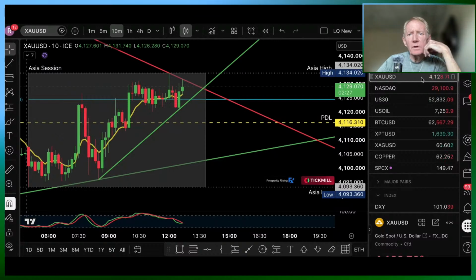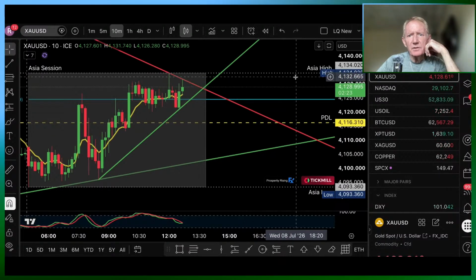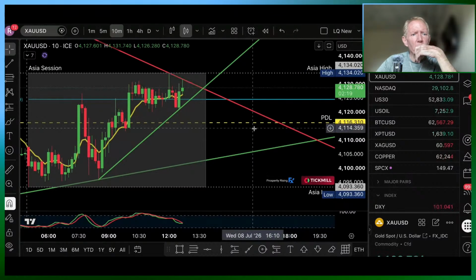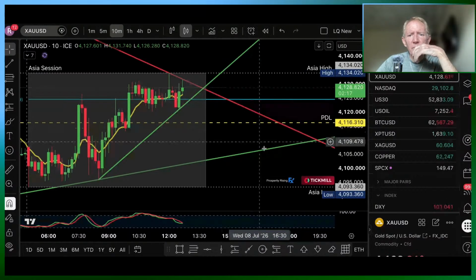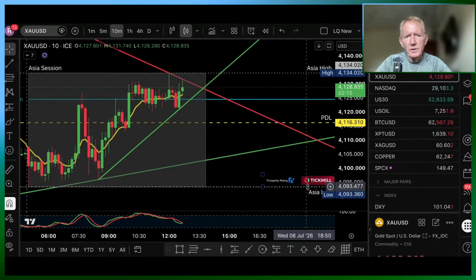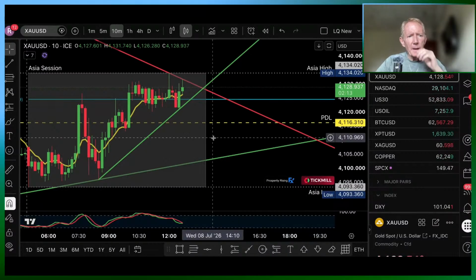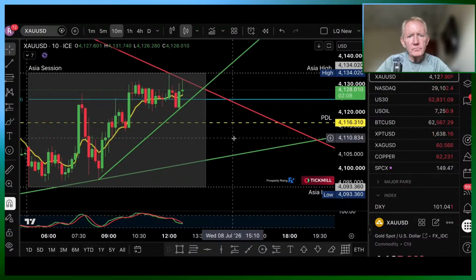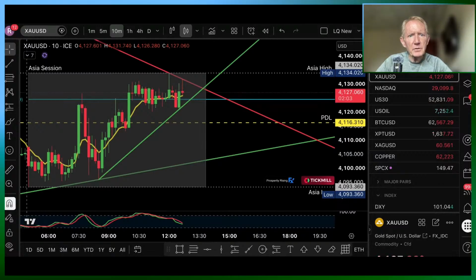Still around 41.28, 41.29. Our high today is 41.34. Our low is 40.93. And I don't believe there's any high impact news today.